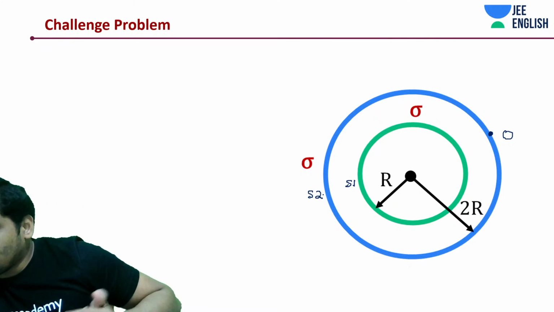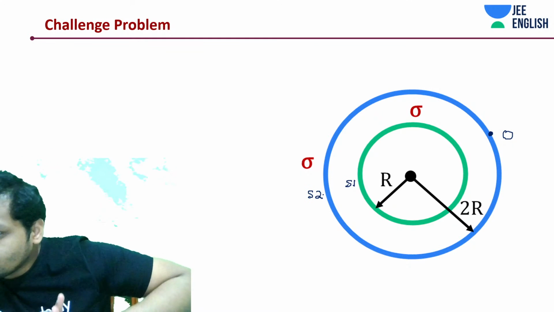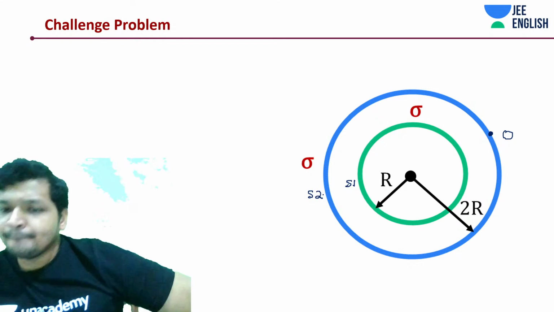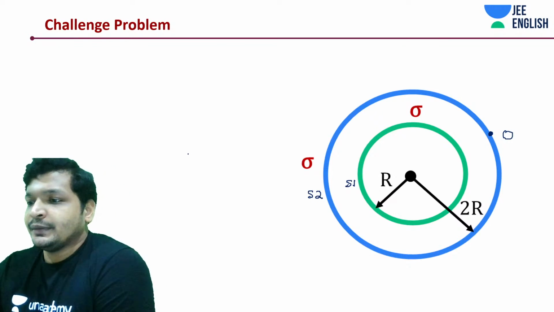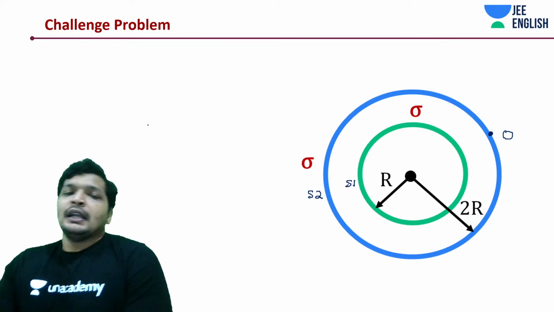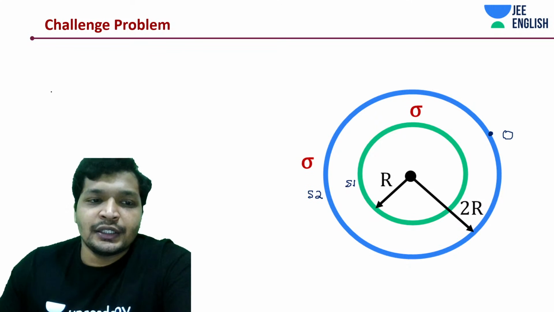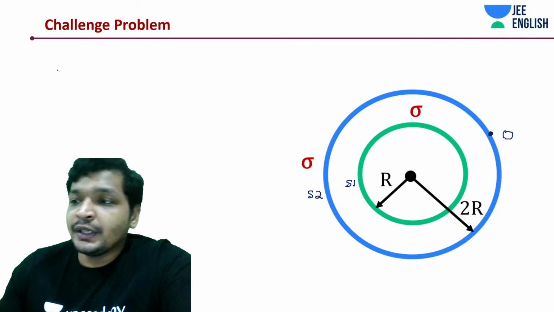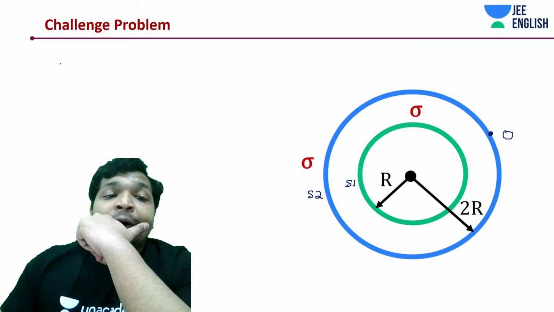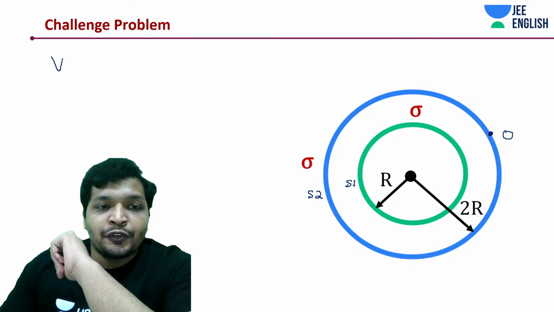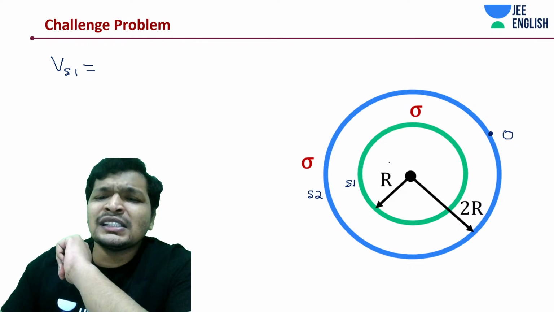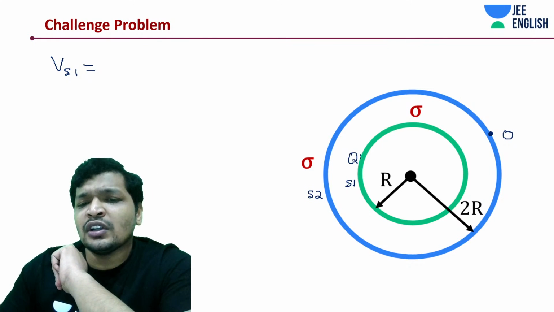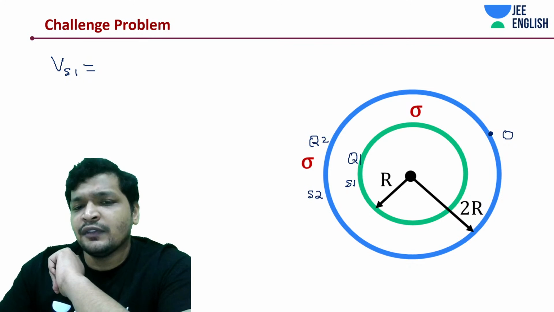Which one is going to be greater? I believe again surface 1 is going to be greater, isn't it? Let's check it out quickly. Now, two potentials, of course. One is going to be due to surface S1. Now what is the potential due to surface S1? Let's call the charges Q1, Q2 as we did earlier.